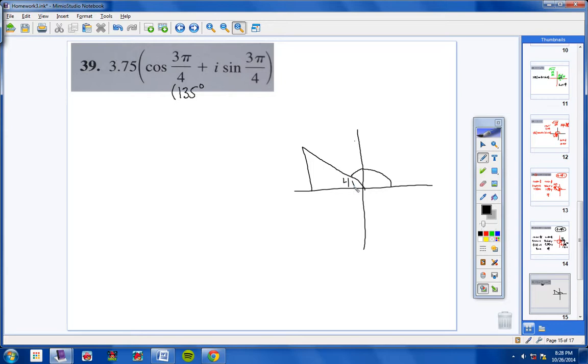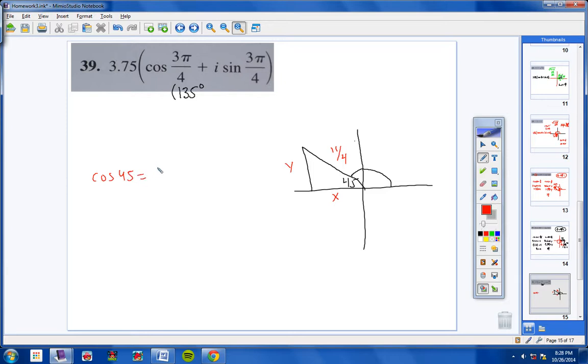So we have 45 degrees here. Our hypotenuse would be 3.75. I'm going to go ahead and make that 3 3/4, which would be 11 over 4. And we're going to call this x, and we'll call this y. So here we go.